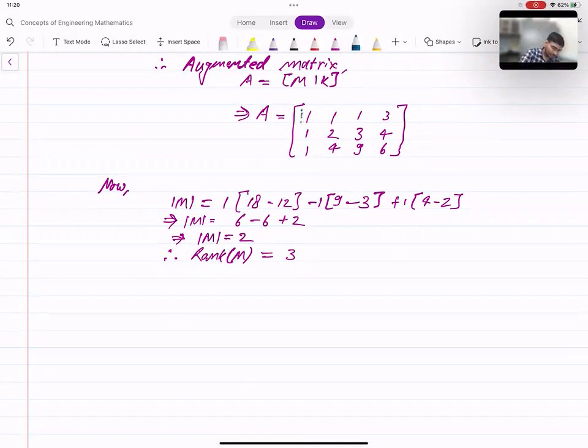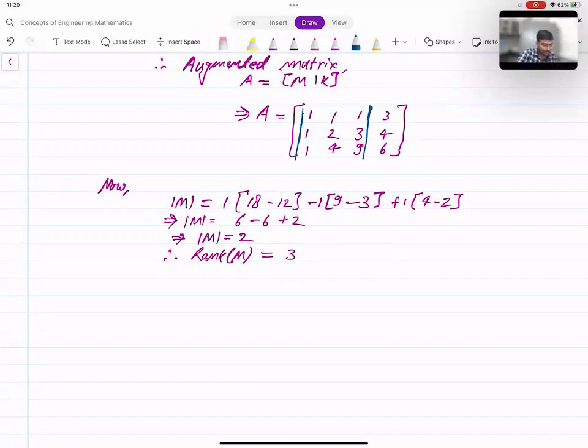Let me draw a line: this is one of the minors of the augmented matrix, and obviously its value is not 0.